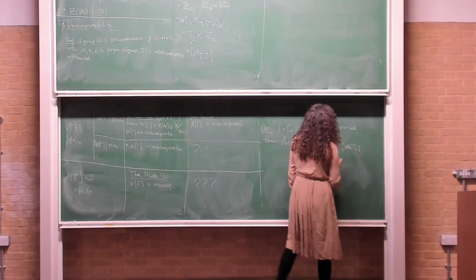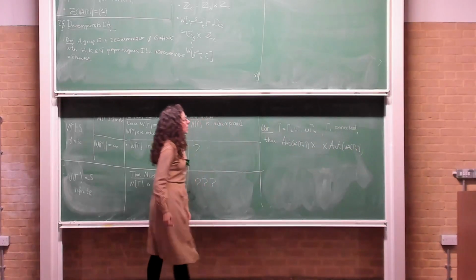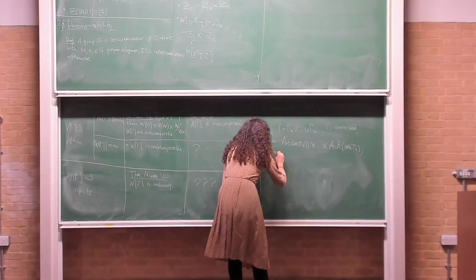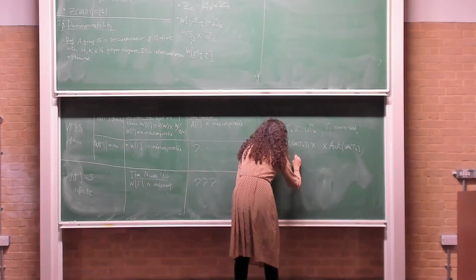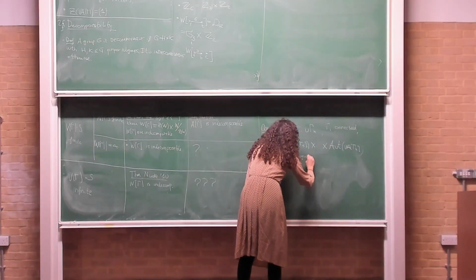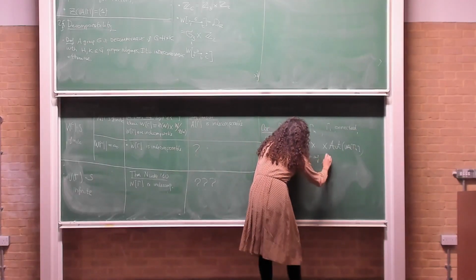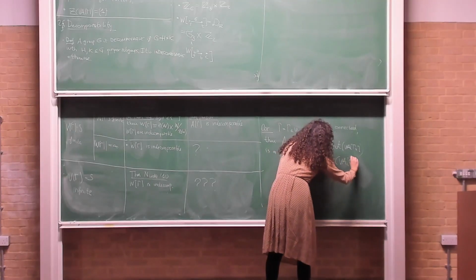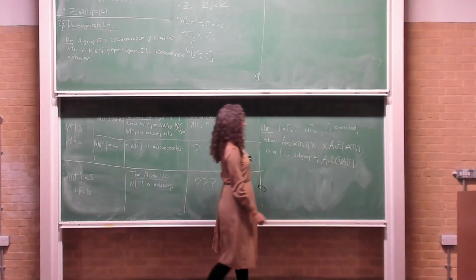So the direct product of the automorphism groups of the components is a finite index subgroup of the automorphism group of the whole virtual Artin group.